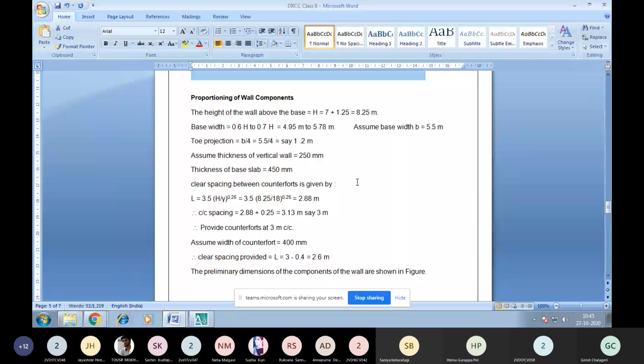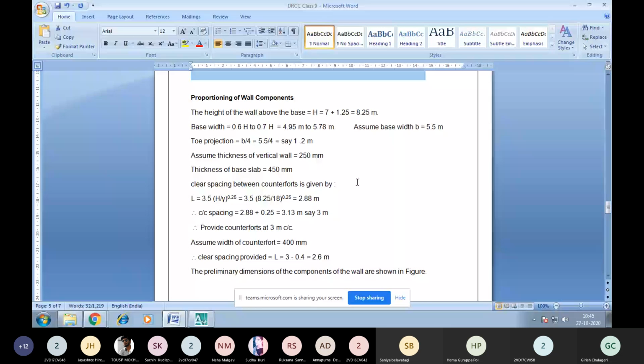So assume the thickness of the vertical wall, that is the stem, as 250 mm. The thickness will be the same throughout the height of the vertical wall, 250. The thickness of the base slab is assumed to be 450 mm. Then we need to calculate the distance between the counterforts. The formula to find the distance between the counterforts will be L equals 3.5 times the bracket of H by density, raised to 0.25, where H is the total height, that is 8.25.